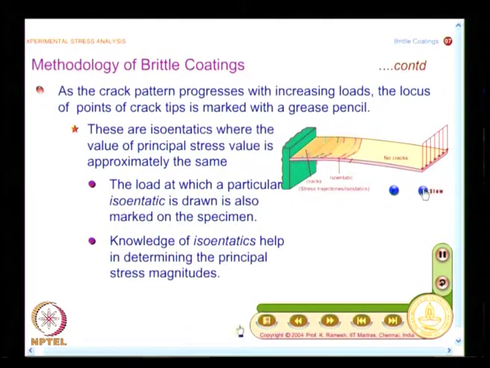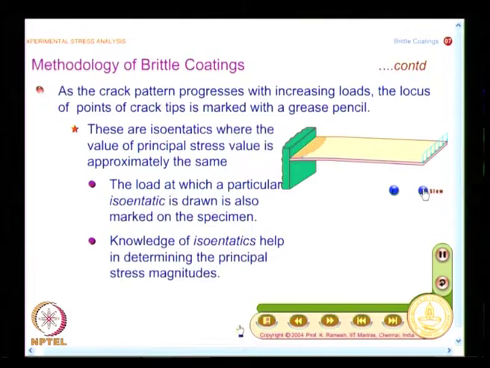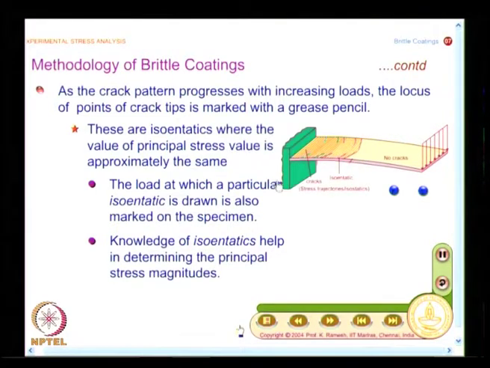And you can see this animation again. You have this as the model is loaded incrementally. At every stage you have cracks formed and isoentatics are marked. The load at which a particular isoentatic is drawn is also marked on the specimen. That is how you perform the experiment.